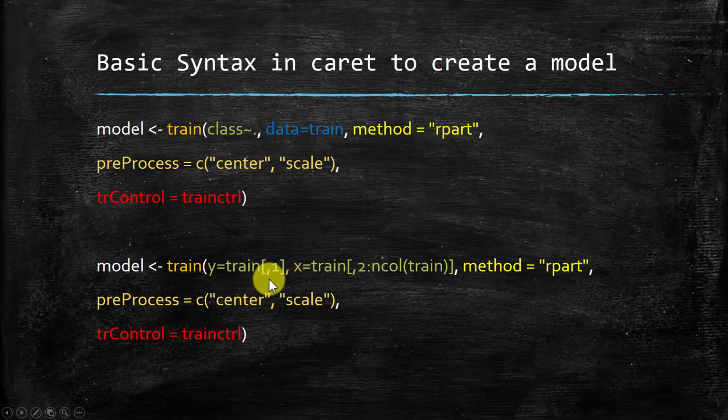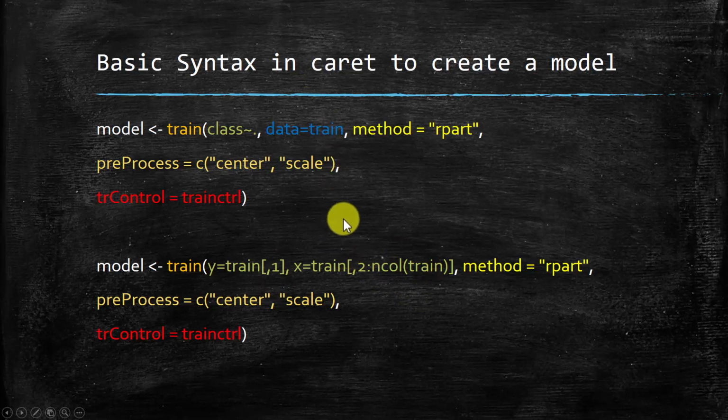Here we're specifying the columns a little bit differently. We're setting our y equal to the first column within this object train, and all of our x variables, our predictor variables, will be the second column through all of the columns in that data frame. So we're predicting the first column using all the other columns. This is effectively the same thing. It's just a different way to input it.